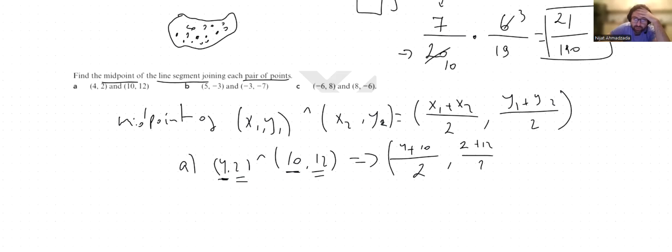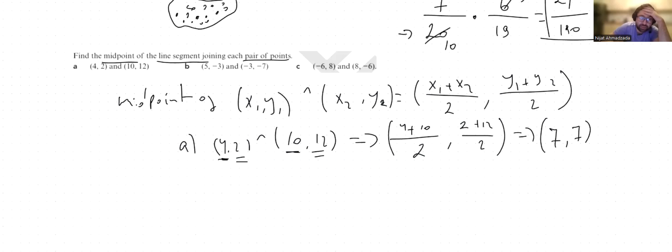So the midpoint will be what? 10 plus 4, 14 over 2. And 2 plus 12, again, 14 over 2. So it will be the midpoint for part A. Part B says 5 and negative 3. This is one of the points, 5 and negative 3. The other point is negative 3 and negative 7.